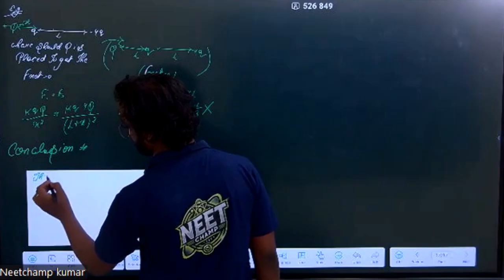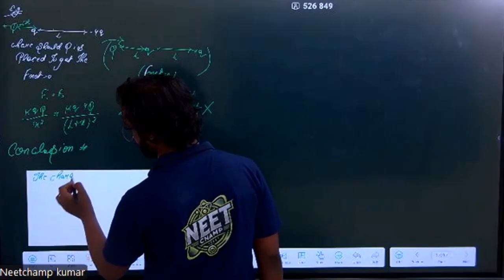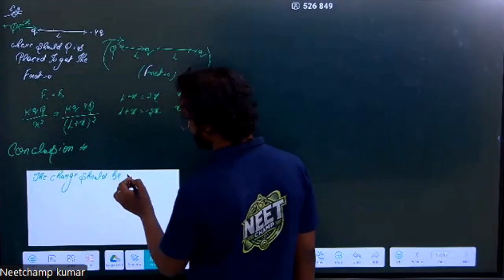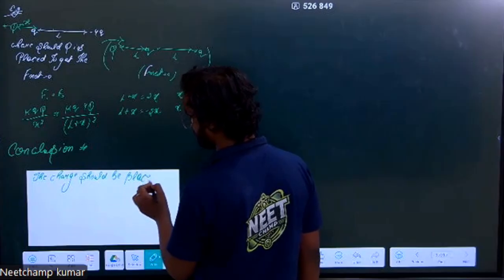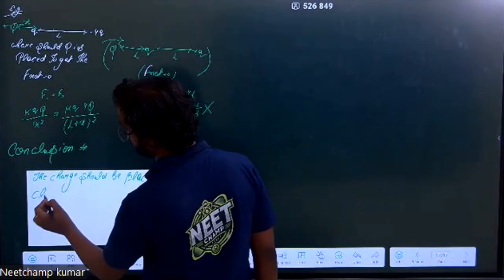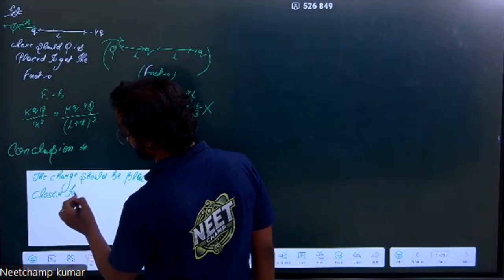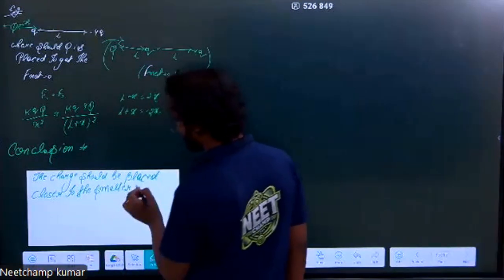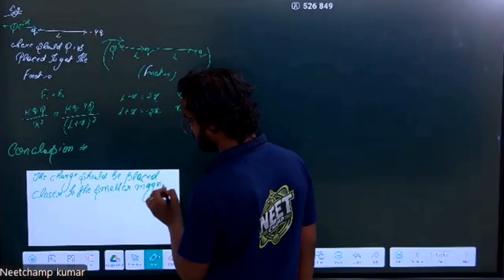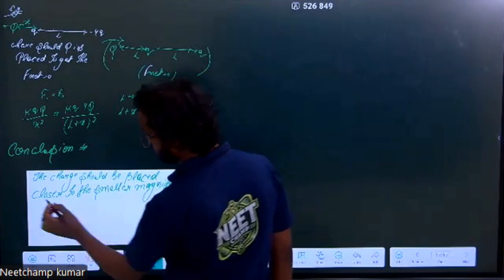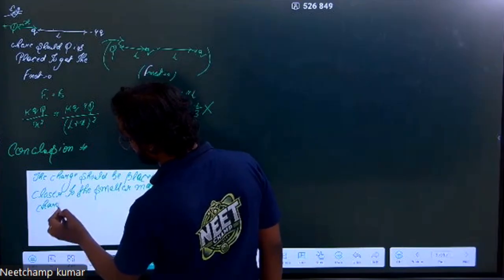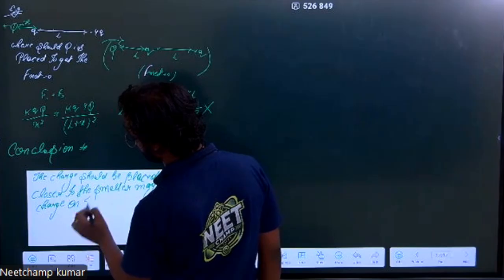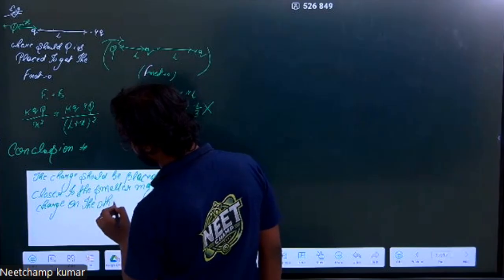The charge should be placed closer to the smaller magnitude charge on the other side, not in between, when charges are of different nature.